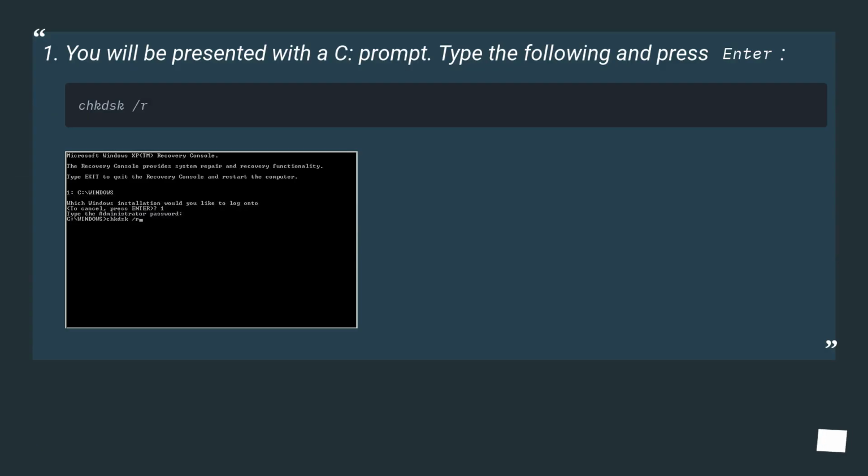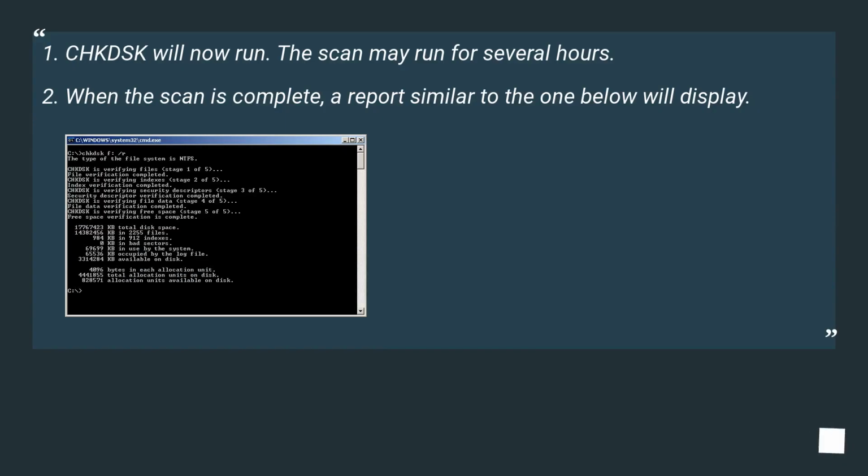You will be presented with a C prompt. Type the following and press enter. chkdsk will now run. The scan may run for several hours. When the scan is complete, a report similar to the one below will display.